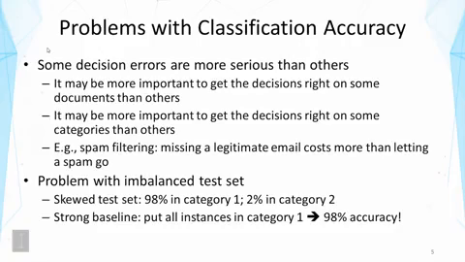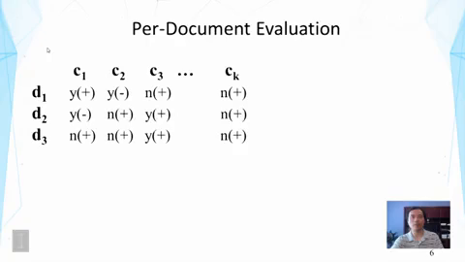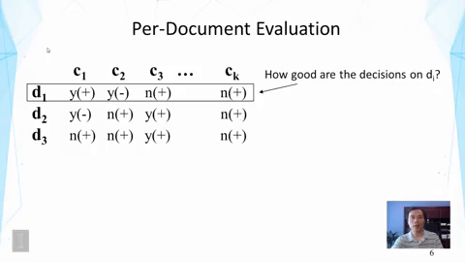Now, to address these problems, we of course would like to also evaluate the results in different ways. As I said, it's beneficial to look at multiple perspectives. So, for example, we can look at the perspective based on each document. So the question here is, how good are the decisions on this document?